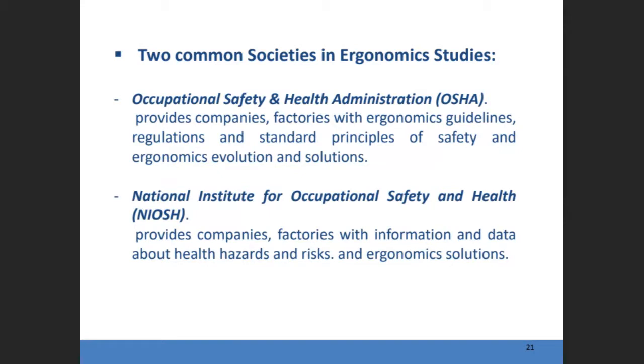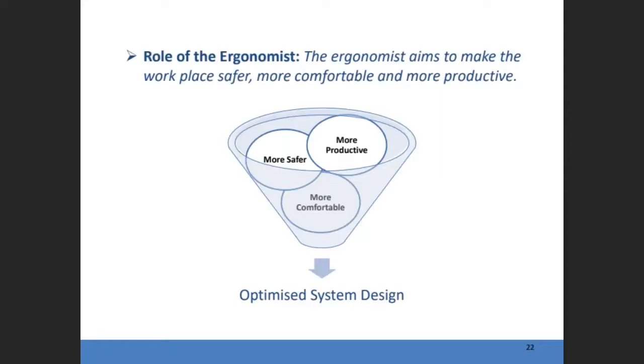So let's take an example about NIOSH here. But before the example, maybe this will wrap up or summarize the concept of the ergonomics objective. If you recall, the ergonomist, the specialist in ergonomics, aims to make the workplace safer, more comfortable, and more productive.